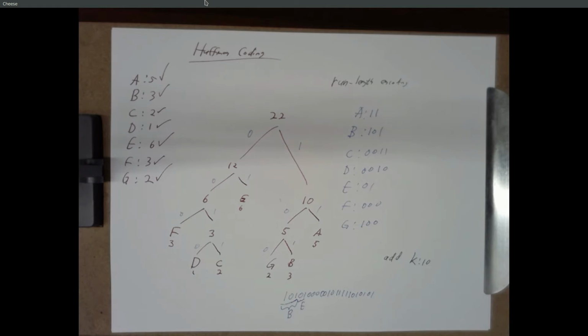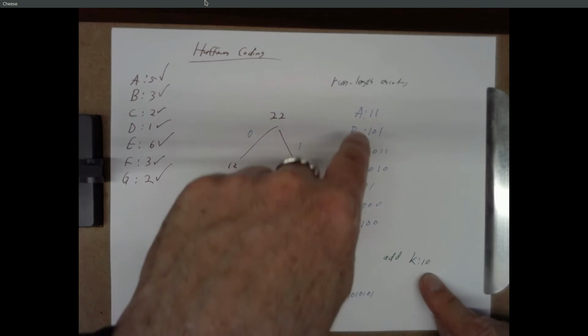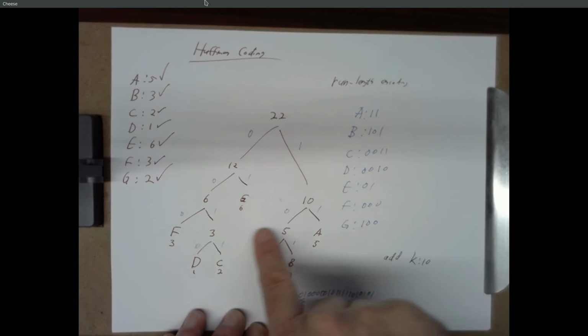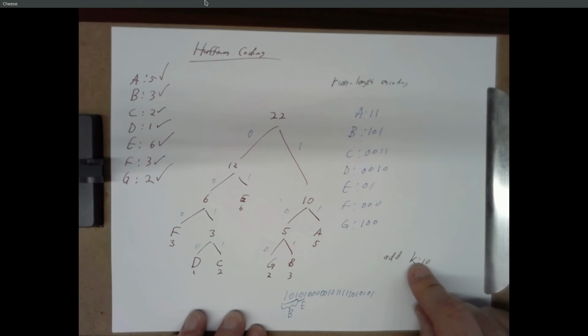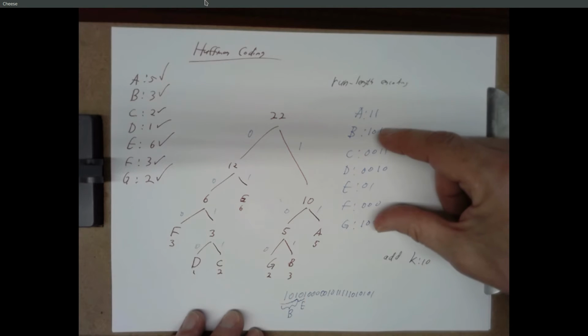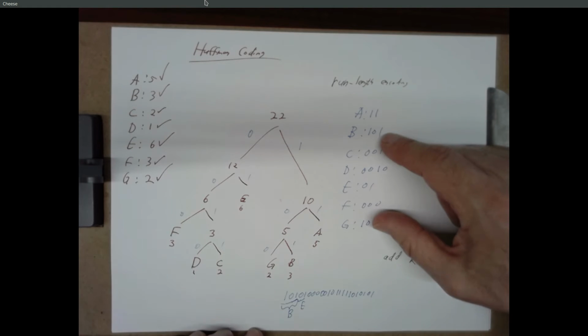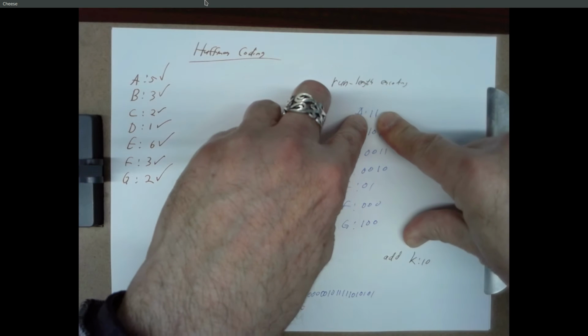Yeah, that's my question. Right? So this would not be a valid code, because now if I see a 1, 0, I don't know if it's a B or a G or a K. So when you do this and you come up with your coding, that should never happen. If there's 2 codes that begin with the same thing, there'll always be at least another digit after that that'll discriminate between them. And in this case, there's a code that has just 1, 1.